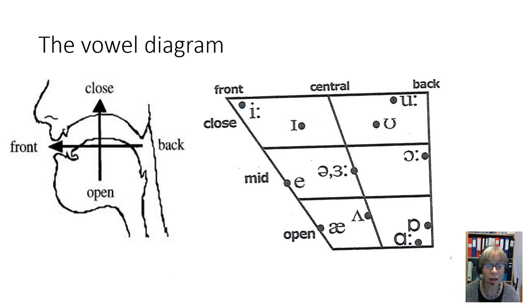Now, if you focus on the back of your tongue and you keep that quite up towards the top of your mouth, the palate, oo, oh, ah. In the middle, you have some central vowels, ah, and the reference there then is to the fact that the tongue is positioned centrally in the mouth.